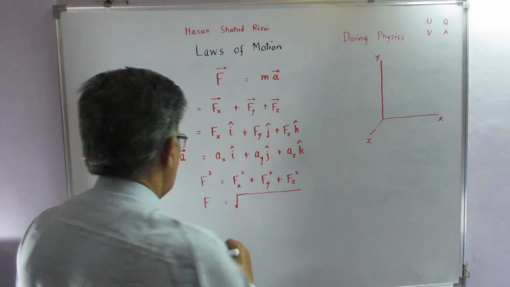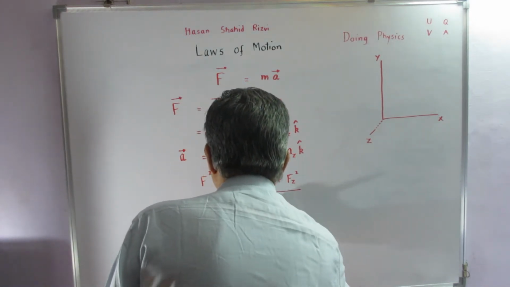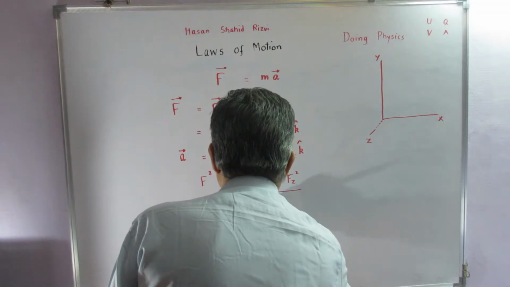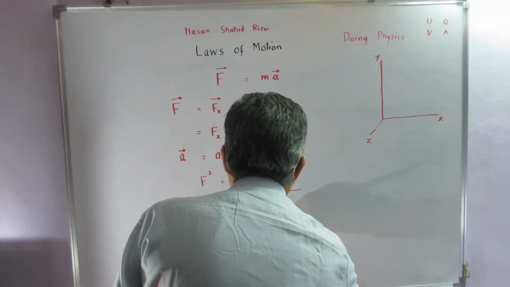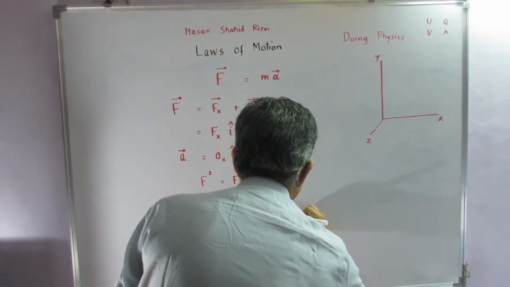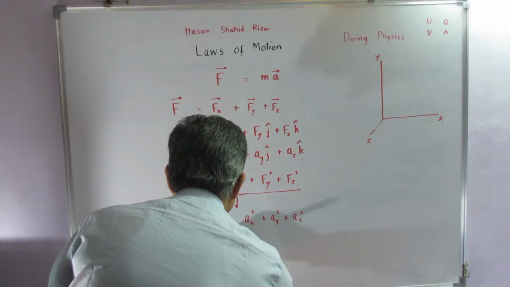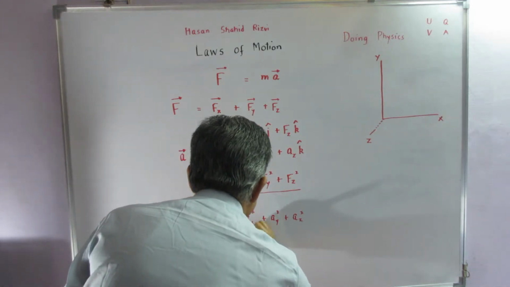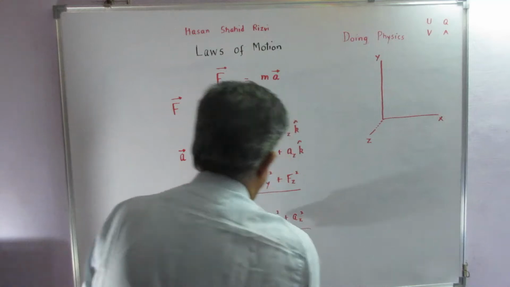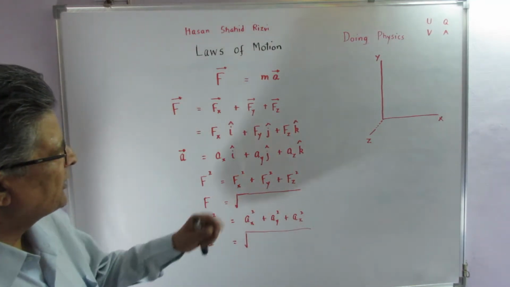Similarly, a square is equal to ax square plus ay square plus az square, and therefore a is equal to the root over of the sum of ax square plus ay square plus az square, etc.